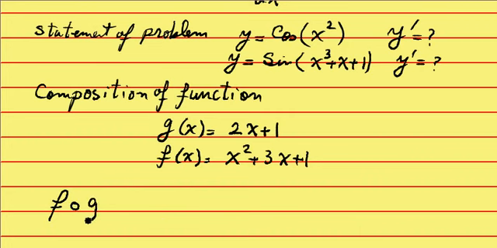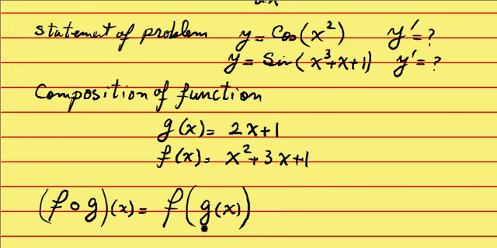One of them is the following: f circle g of x, or in more familiar notation, f of g of x. This notation implies that you take x, pass it to the first function g, take the output of that, and pass the output as an input of f.